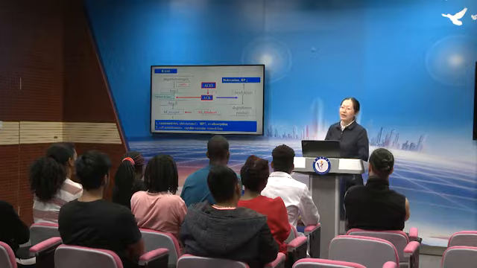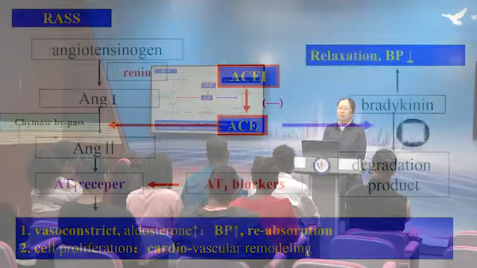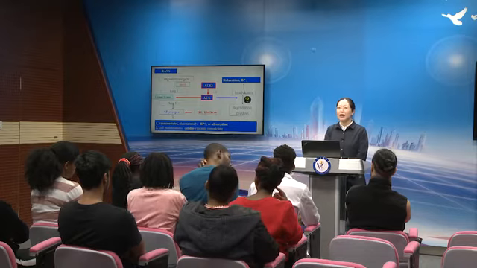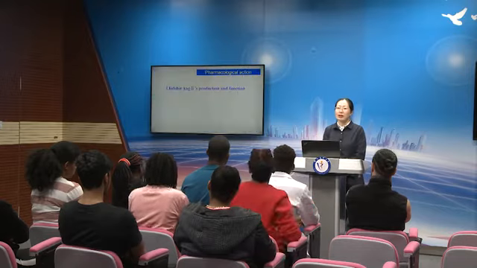So ARB is more powerful than ACEI. And also from this picture, we know ARB do not affect bradykinin degradation. So what's the meaning? Our patients using ARB have nearly no dry cough and no allergic reaction.